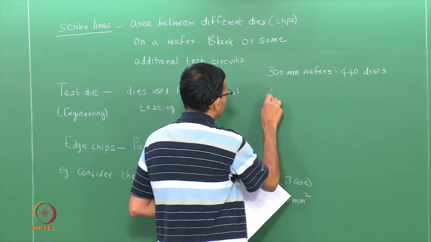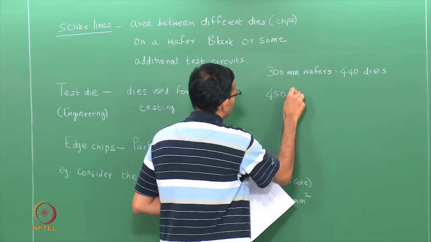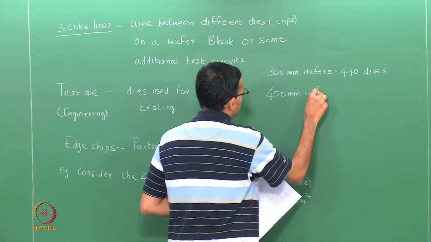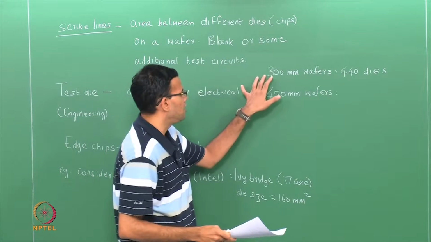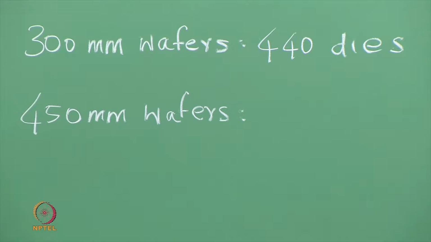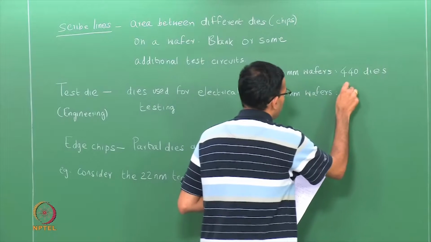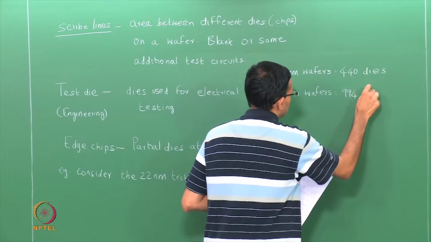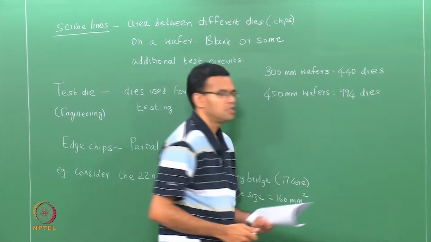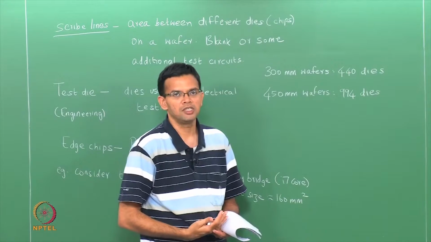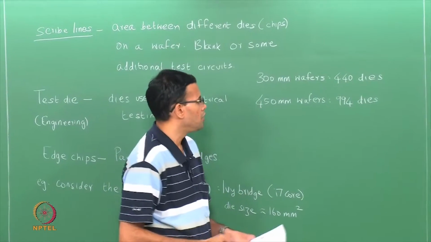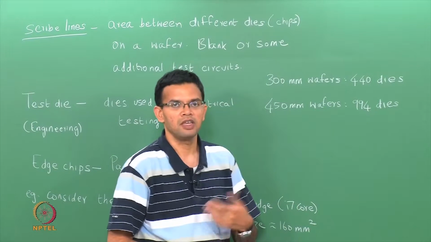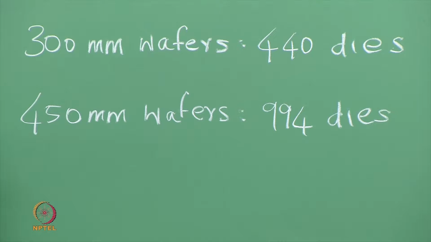On the other hand, if you make these same dies on a 450 millimeter wafer, so the 300 is the 12 inch, the 450 is the 18 inch, then you have the possibility of making 994 dies. Of course, some of these dies will be edge dies or edge chips and may not be fully formed or only partial, but you can increase the number of dies of a given size by increasing the overall size of the wafer.